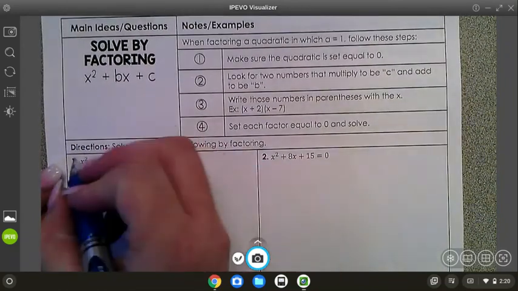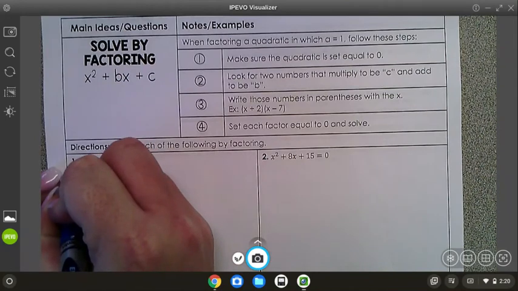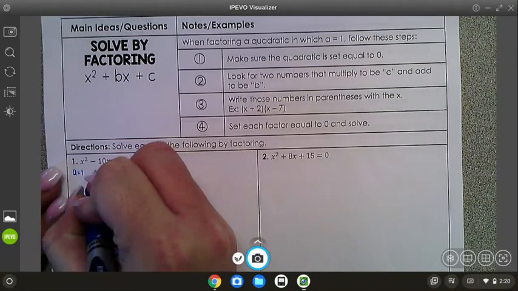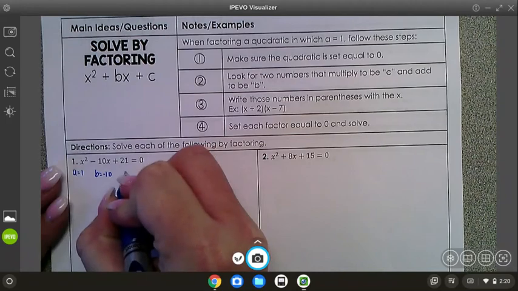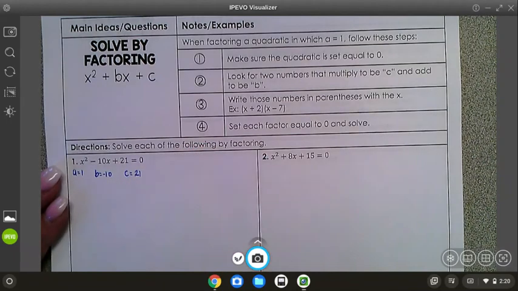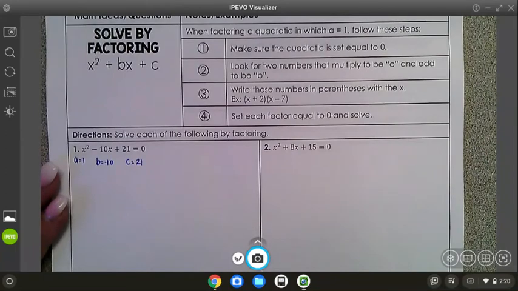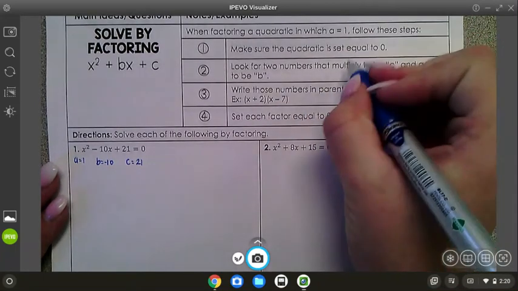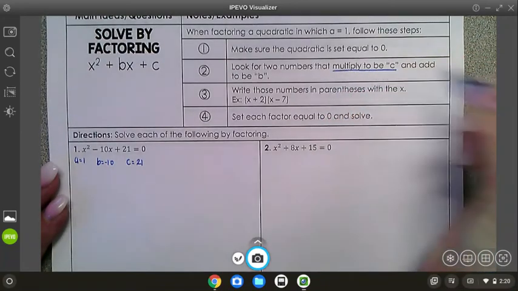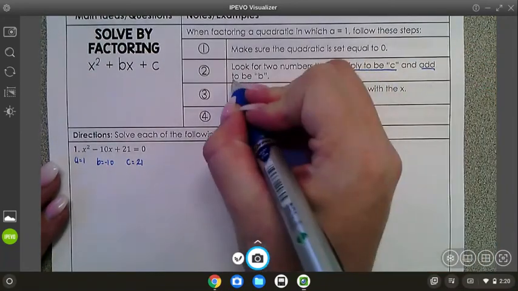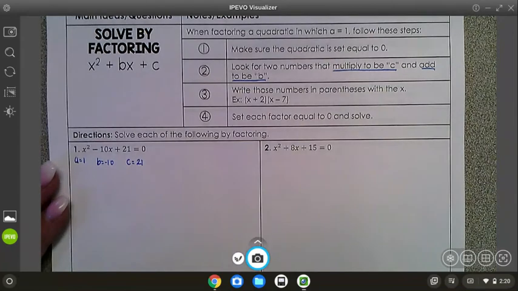So in this one, remember your a is 1, b is negative 10, c is 21. And we're looking for two numbers that multiply to be c and add to be b.